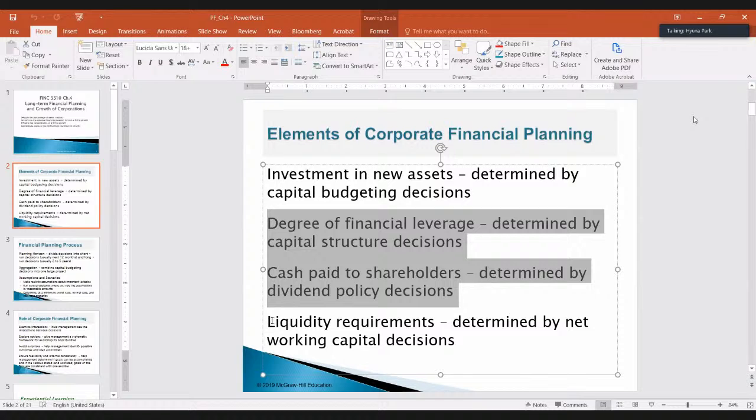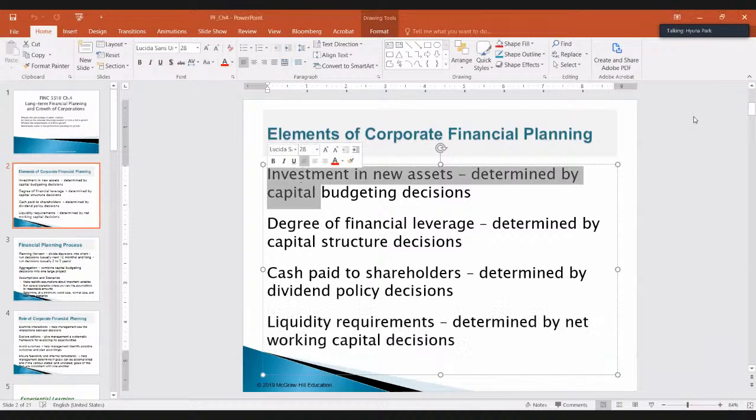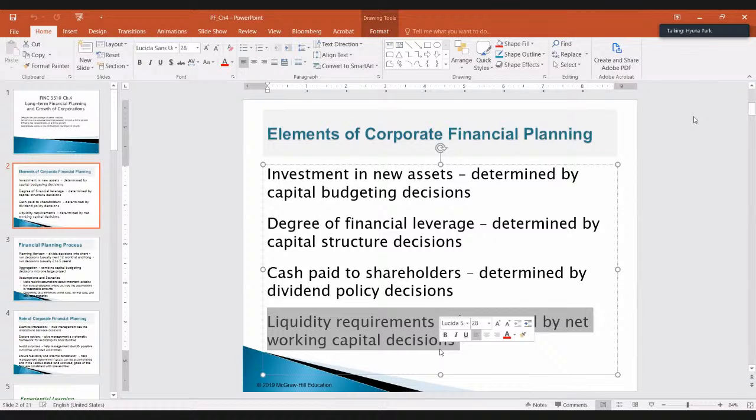And the next decision is about working capital decisions. So the first one, capital budgeting, and the last one, working capital decisions, are about operations. So in short, liquidity requirements.